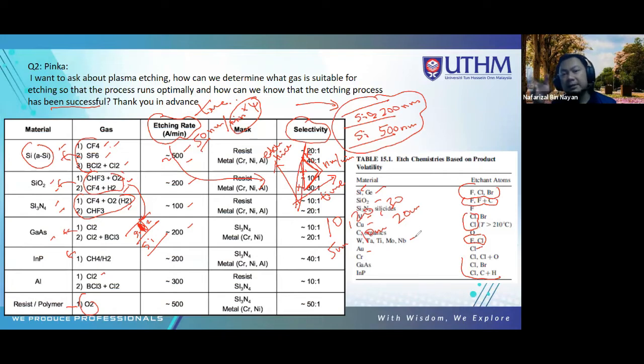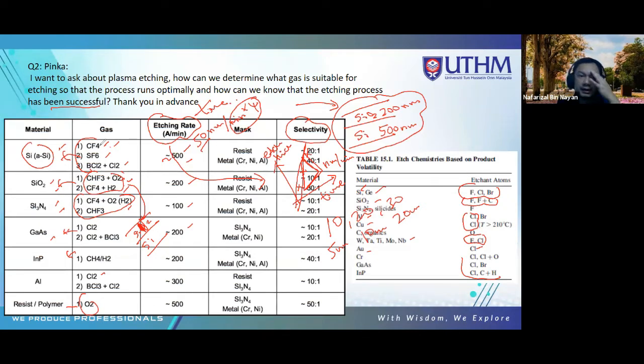So different materials, different gases, and you can see that we can do a lot of etching processes. It depends on the gas, and the issue is that the gas is quite expensive. If you want to buy the gas for etching, it is very expensive, because most of these are very rare.